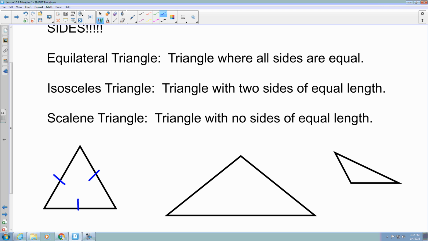An isosceles triangle has two sides that are equal. In this case, this would be an example of an isosceles triangle because you'd have two equal sides. The one on the bottom is not equal to the other two. And a scalene triangle is a triangle with no equal sides. So this one right here is an example of a scalene triangle. The distance here is different than the distance here, which is different from the distance here.